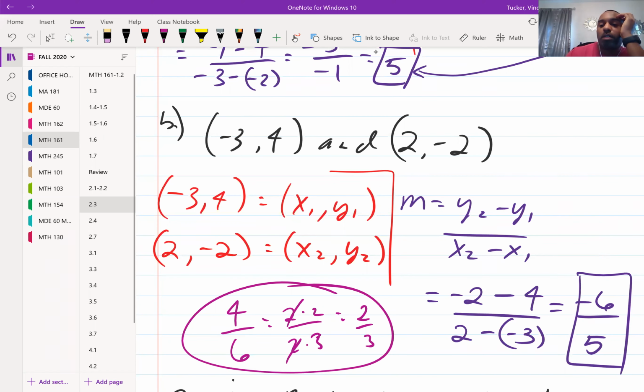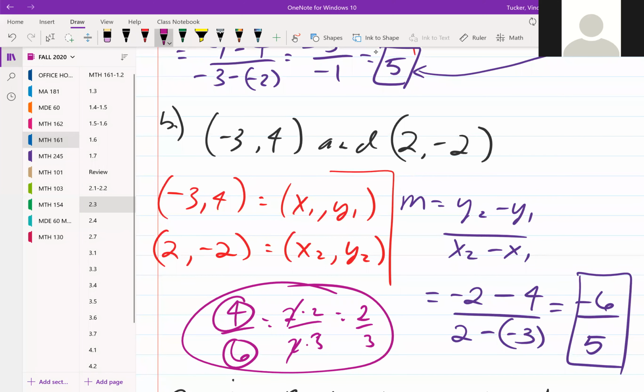A question, Professor. 4 is the y-axis, 6 is the x-axis, right? When you say 4, you're talking about right here and right here. But wouldn't that change my slope when I change it to 2/3? Nope, because you will have a number here, you will go down 4/6, and you will have this point.